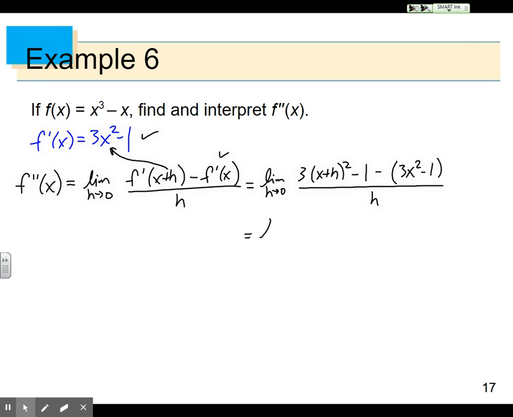And let's not switch colors yet. So I got to expand this out. So square the first term, take the product of the two and double it, square the last term, distribute the negative, all over h.